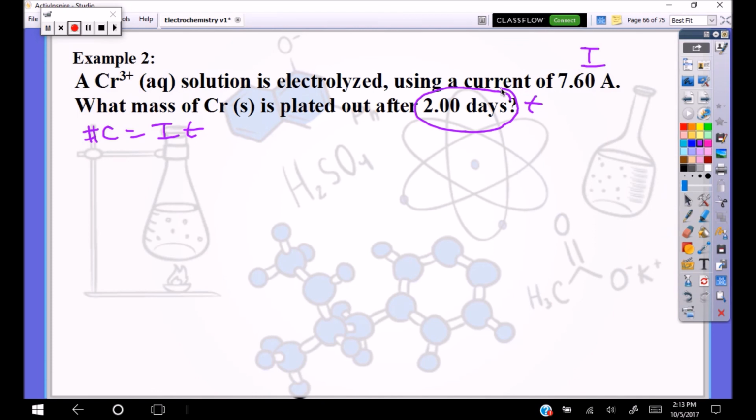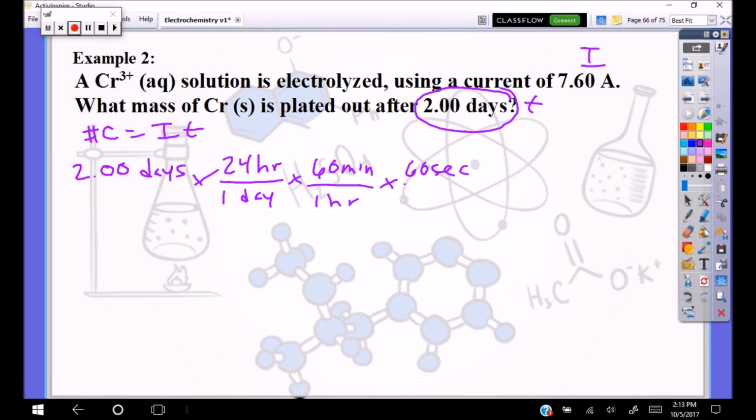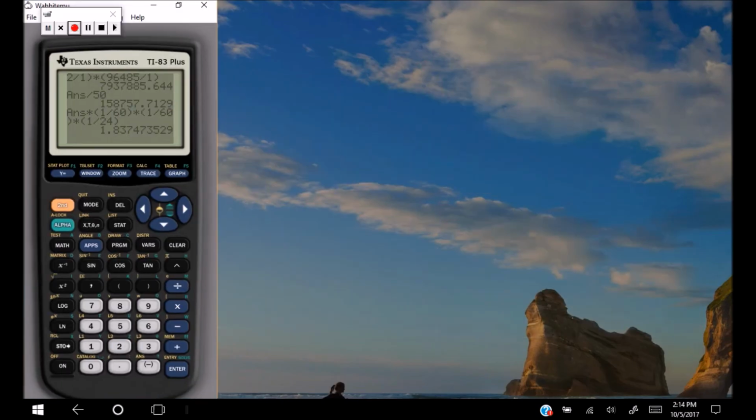It's in days, right? So if it's days, what do I have to convert it to? Seconds, yep. So if we've got days, that's 24 hours in a day times 60 minutes in an hour times 60 seconds in a minute, and we should get, so 2 times 24 times 60 times 60, typo, I left out a 0.